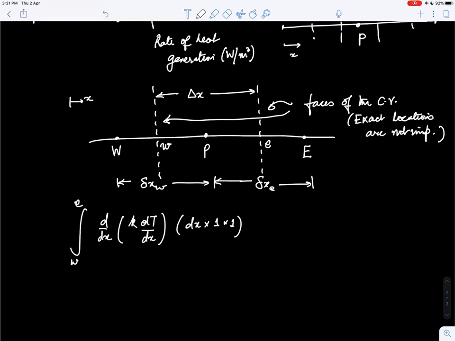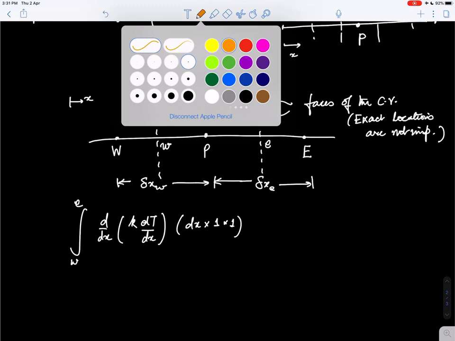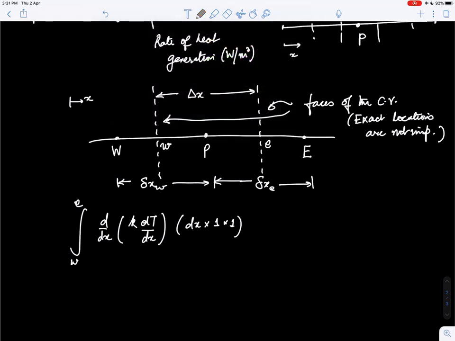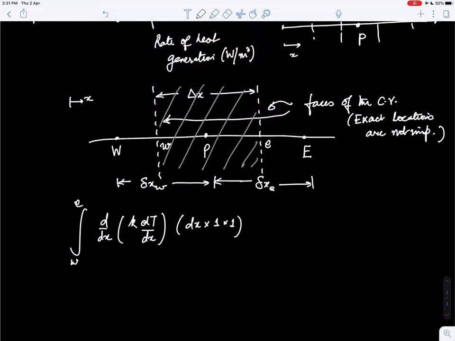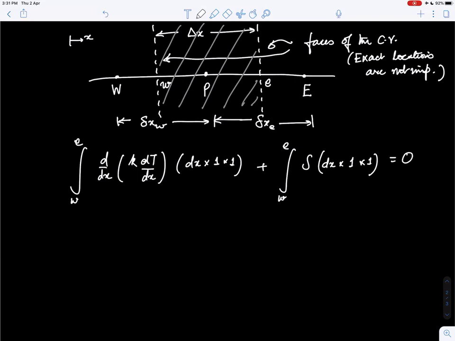Remember, the volume is this volume, so we have to integrate between west and east. So we have the integral plus the integral between west and east faces of s, and again the elemental volume dx into 1, equals 0.